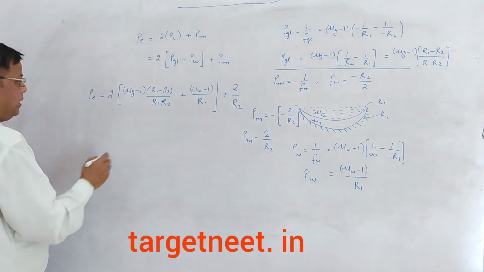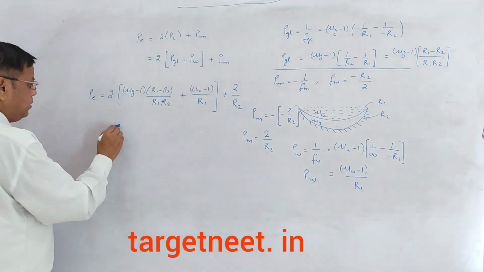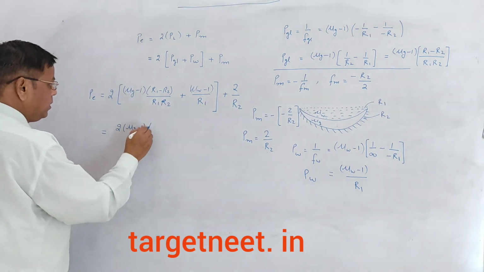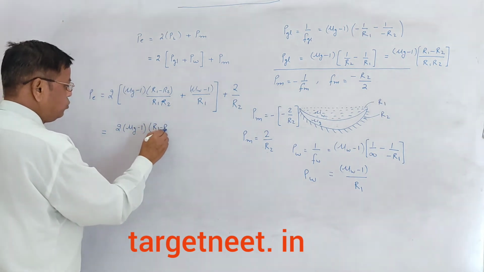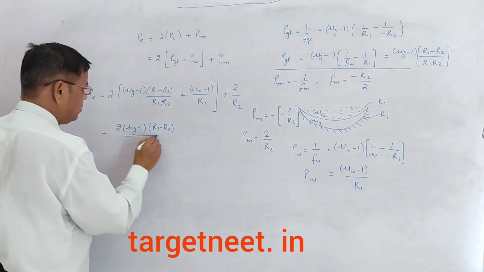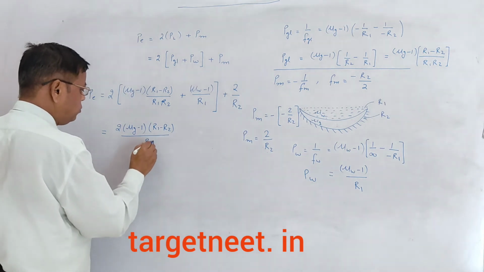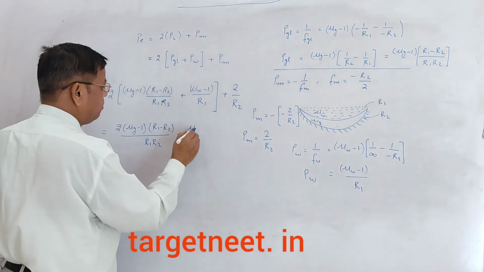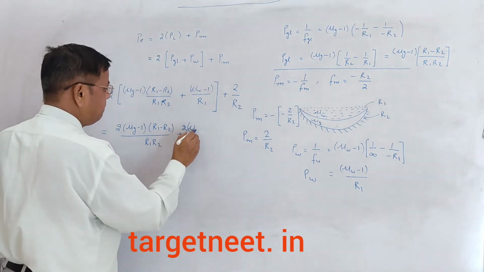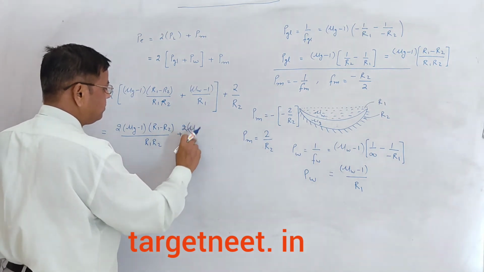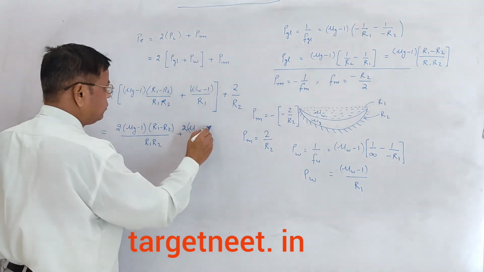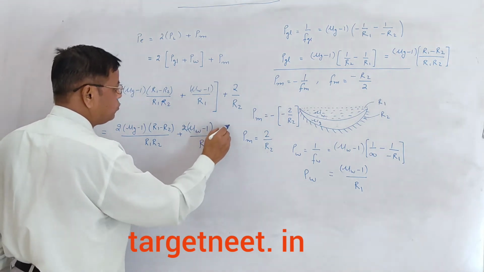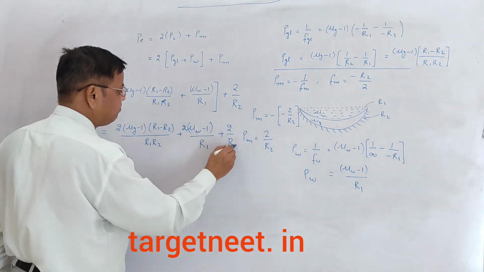So if I multiply it, it is 2 (mu g minus 1)(R1 minus R2) upon R1 R2, plus 2 (mu water minus 1) upon R1 plus 2 upon R2.